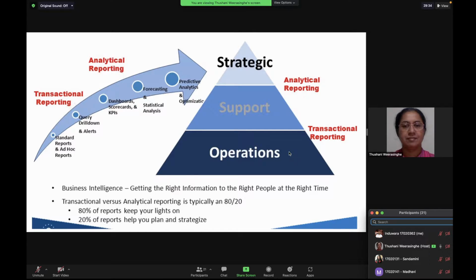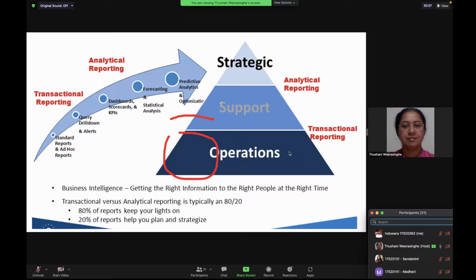And if you think about it percentage-wise, 80% of the reports are on the operational level. So here you have to generate a large number of reports. Why? Because many people are working there, and we need to look into things more often, sometimes daily, and sometimes even ad hoc reports need to be prepared depending on our requirement.